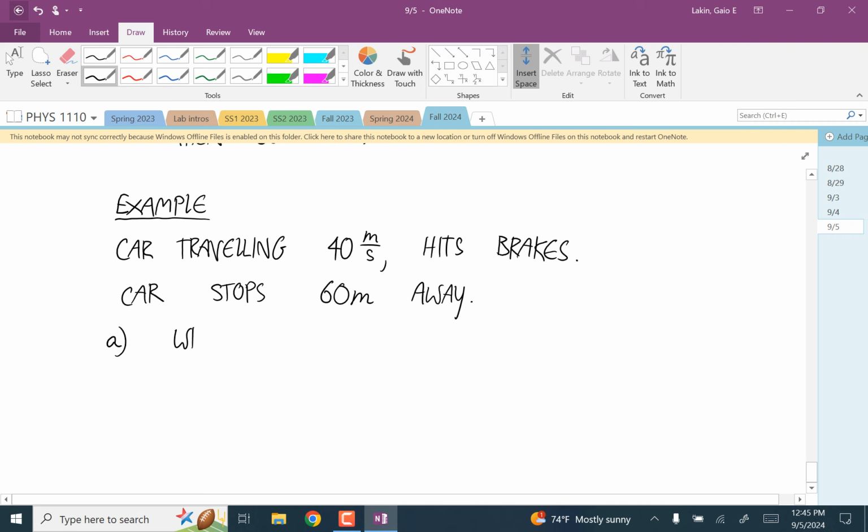First, what's the car's acceleration? And second, how long in time does it take for the car to stop?